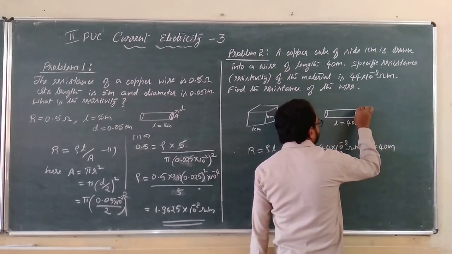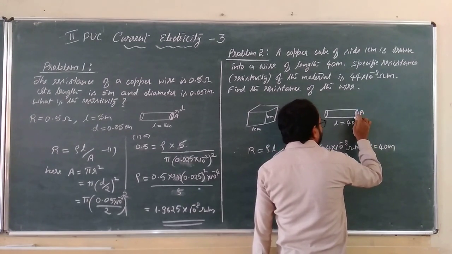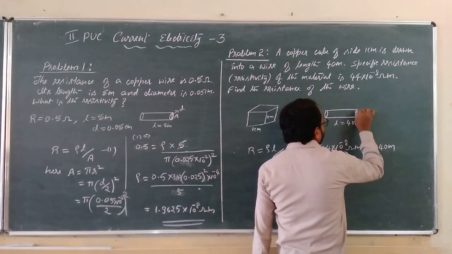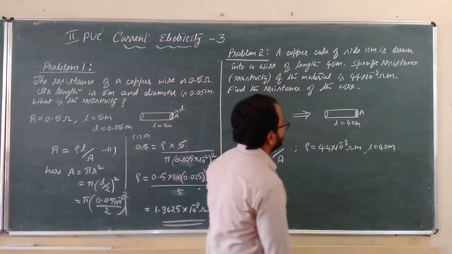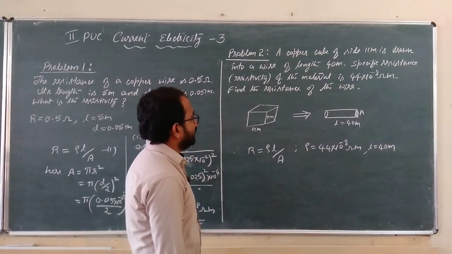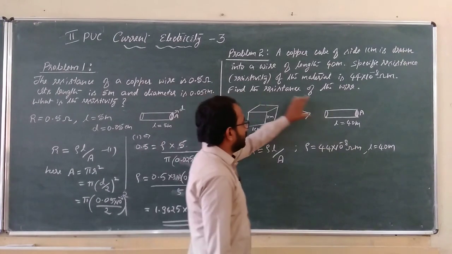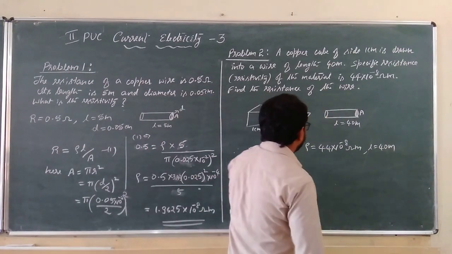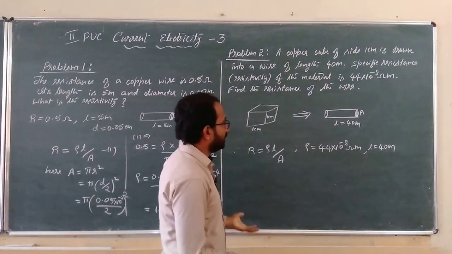Its diameter is D or radius is r. What is the area of cross section? See, this copper cube is drawn into a wire, so what about the volume? The volume remains the same.